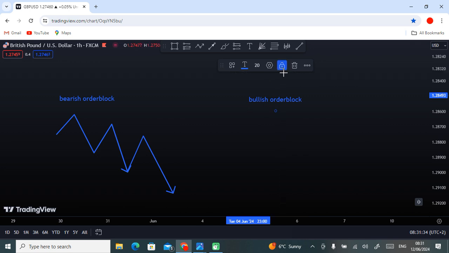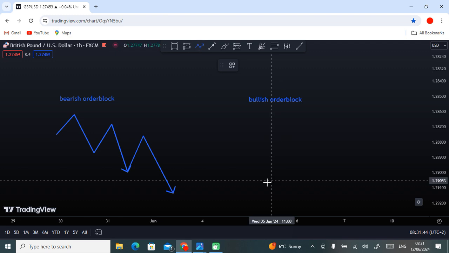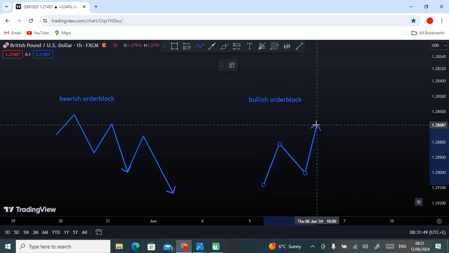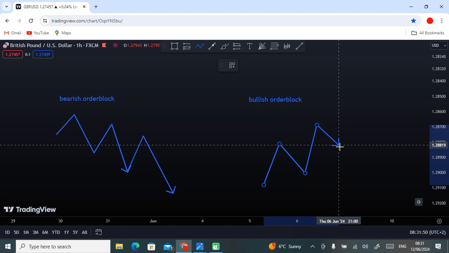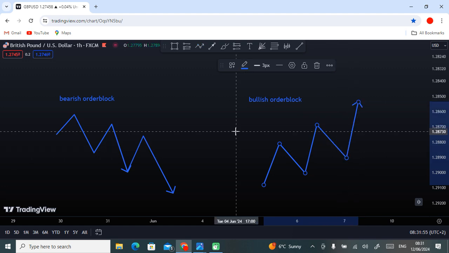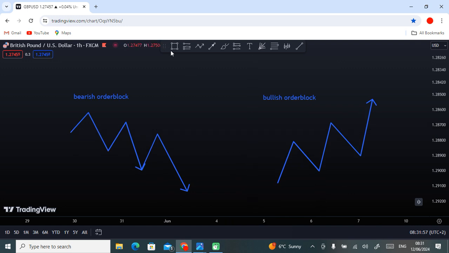A bullish order block is the last bearish candle that led to a break of a high.